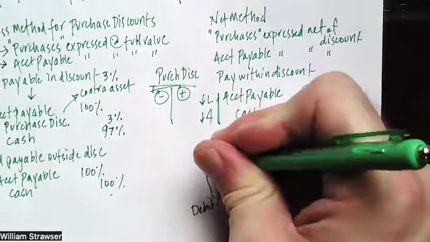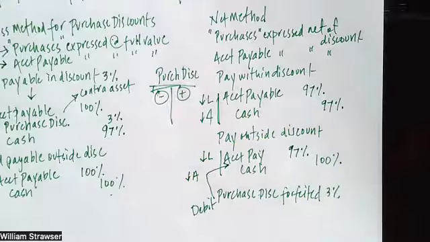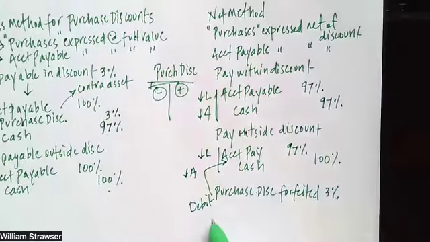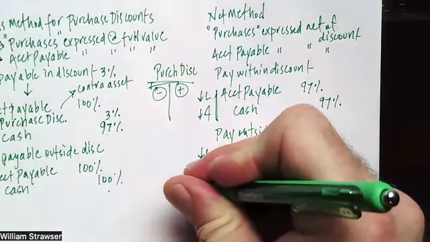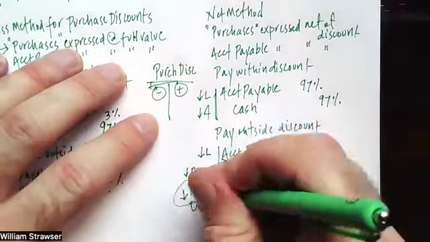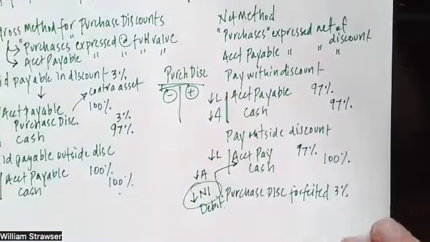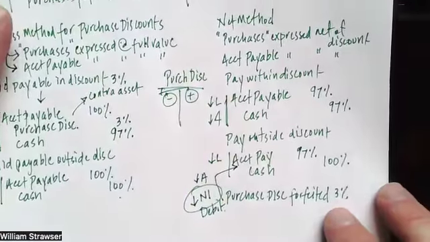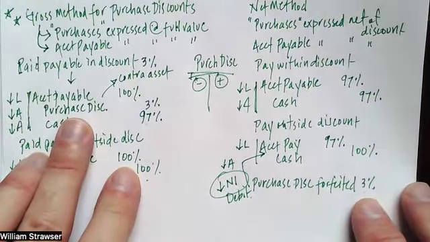The debit to the payable reduces liabilities. The credit to cash reduces assets. The one kind of curveball here is the debit to purchase discounts forfeited reduces net income. And it's different than what we see with sales discounts and sales discounts forfeited because these purchase discounts are not an income account.